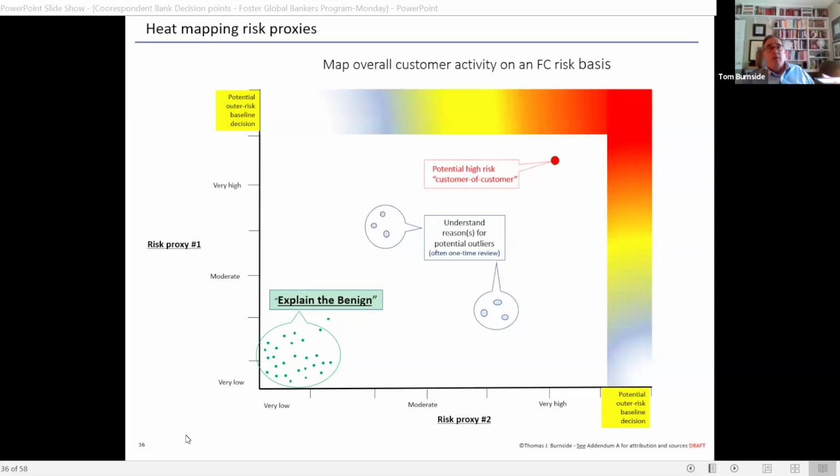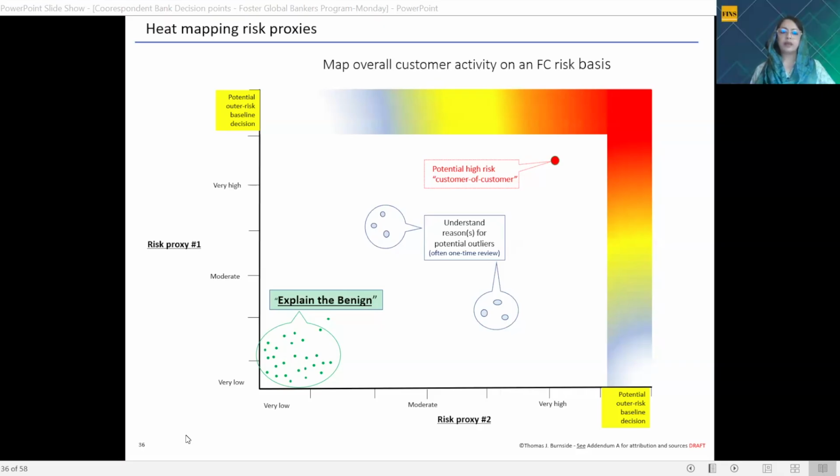So I may be using heat maps that are more tailored to drug cartels in Latin America. If I'm in the Middle East, maybe particularly in the Gulf, maybe I'm looking more at sanctions evasion heat maps and that sort of thing.